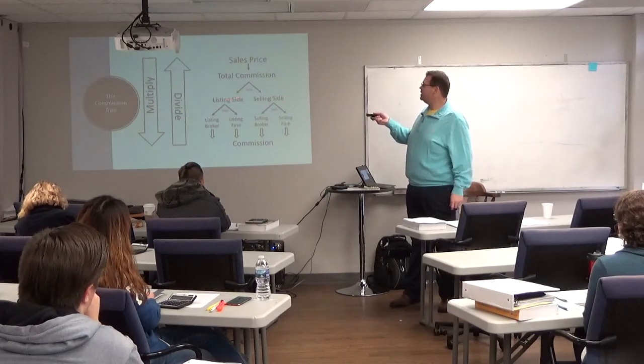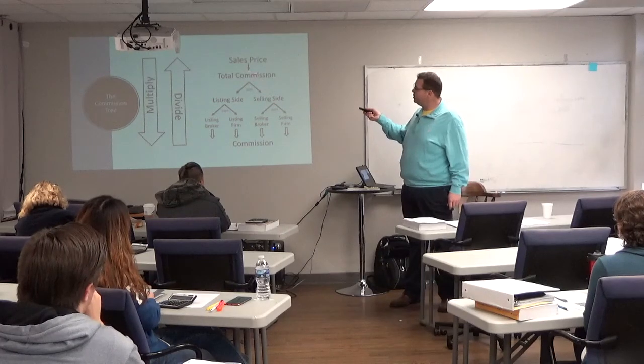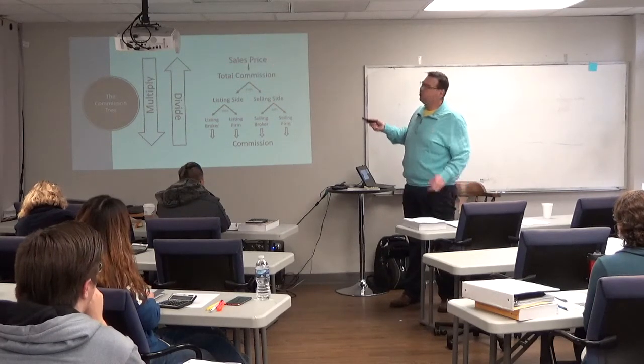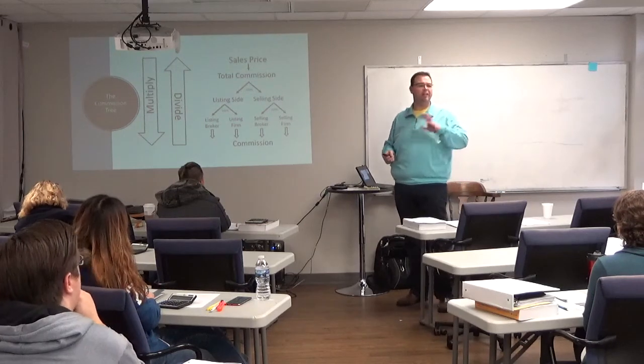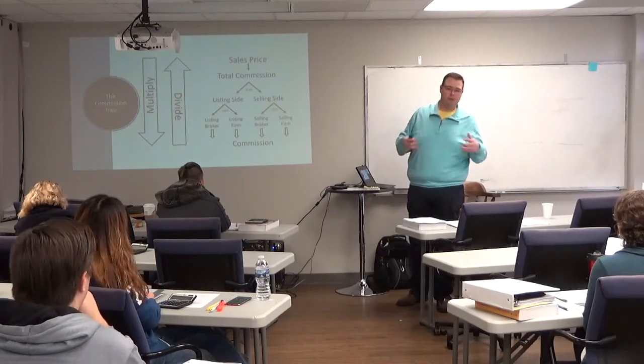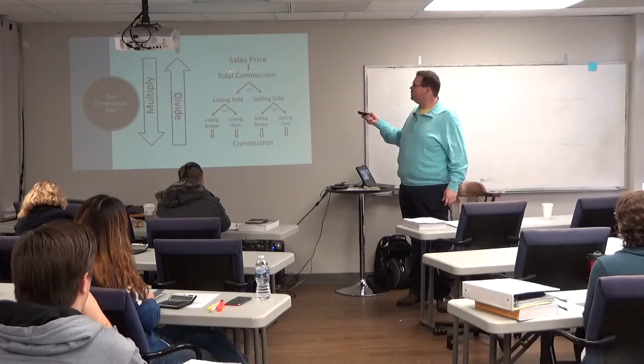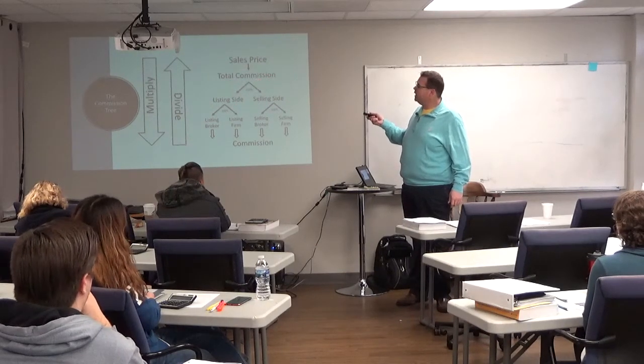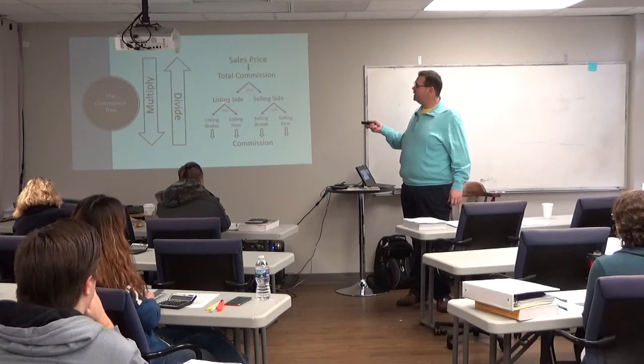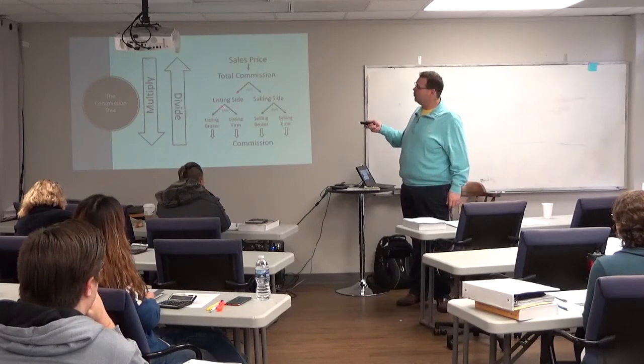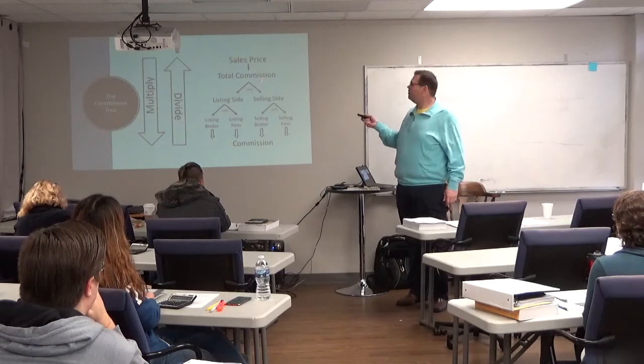That first split is happening right here in the middle of the tree. So you've got the total commission right here, so it might be 5% of the transaction, or 6%, or 7%, whatever they tell you in the question. That total commission is going to go on this line right here. Then the first split takes place between the listing side, representing the seller, and the selling side, representing the buyer.